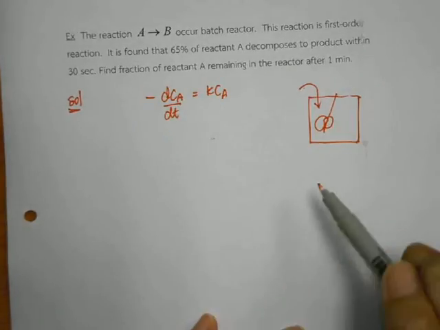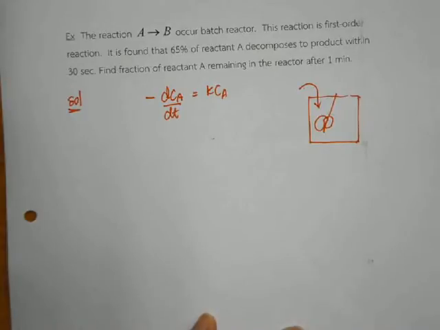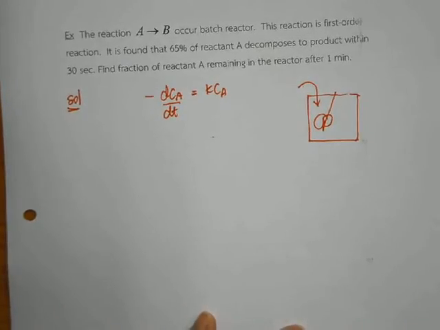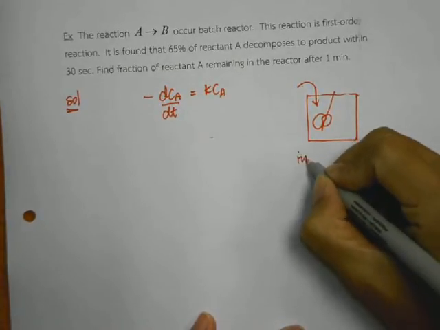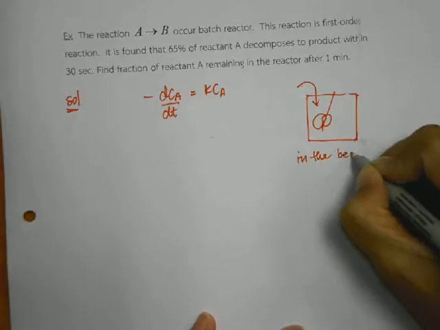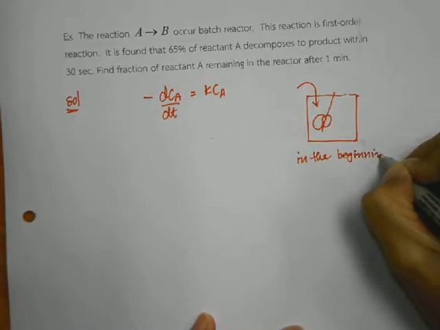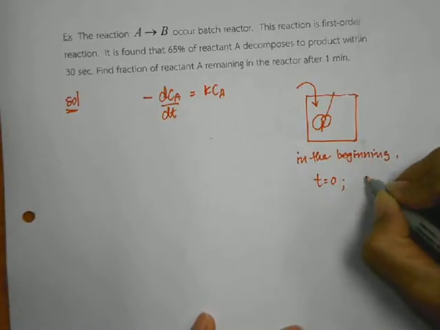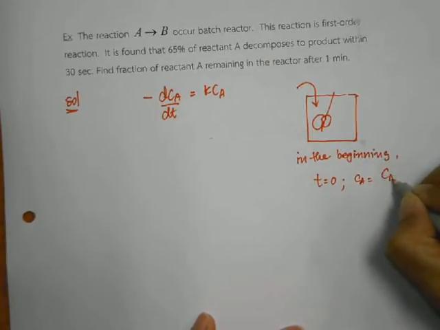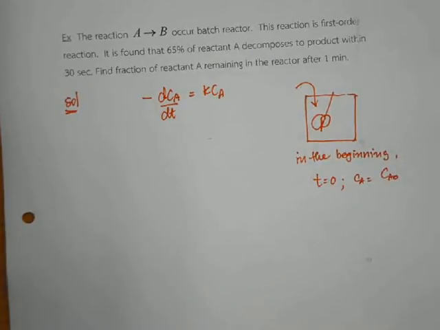So from this, you always know how much of reactant A that you put into the reactor at the beginning. So I said in the beginning, it means at t equal to 0, I said that CA is equal to CA0. The 0 means the initial concentration of reactant A. Okay.